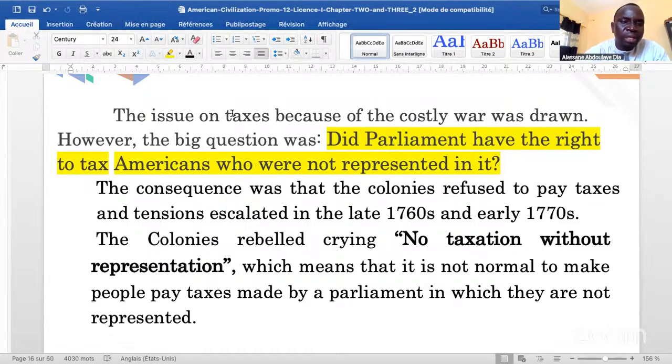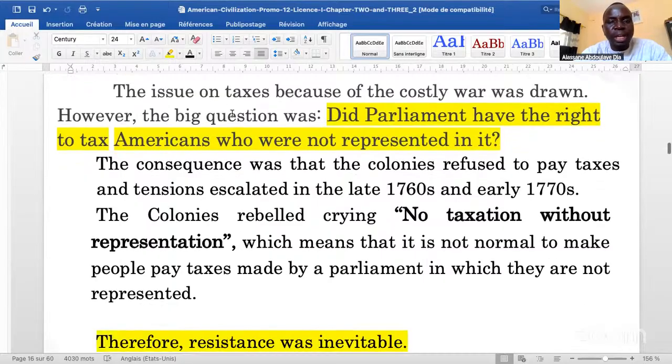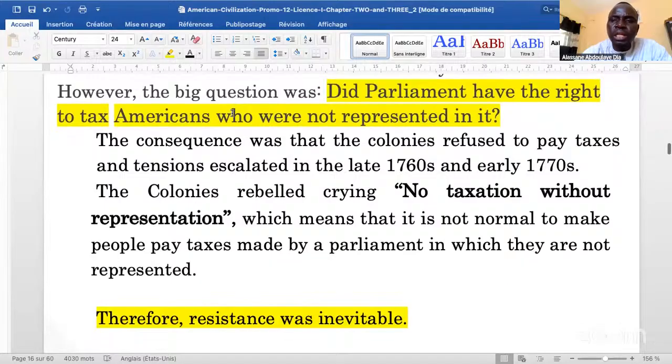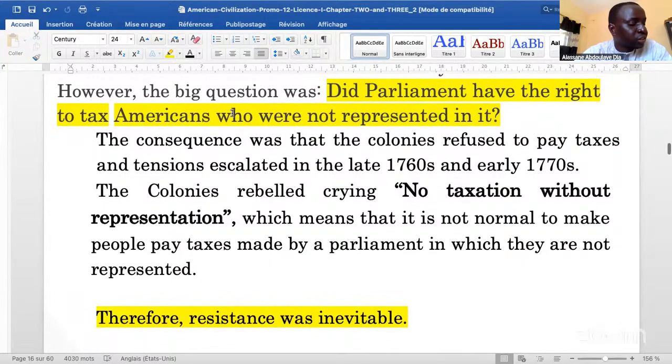And the Parliament was represented in the colonies by the governor. So the governor of the colony is the one who represents the British Parliament, or the British government. So the consequence was that the colonies did not want to pay taxes. Yes, the colonies, I repeat, did not want to pay taxes. And then problems escalated.